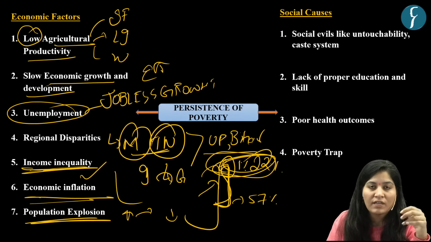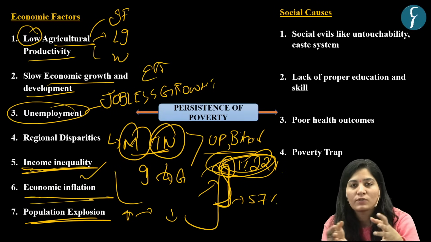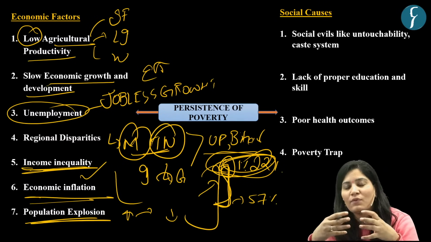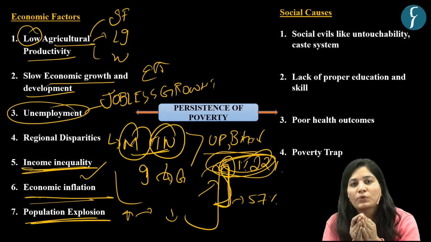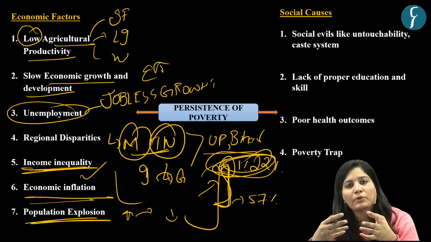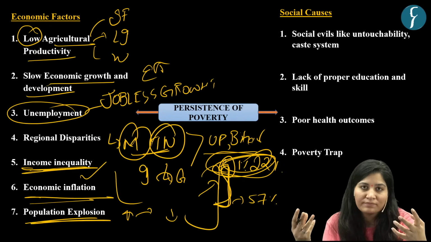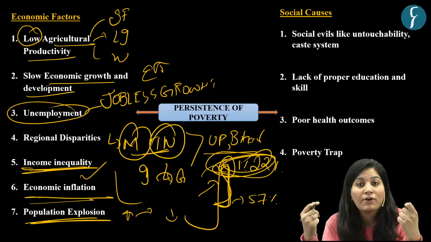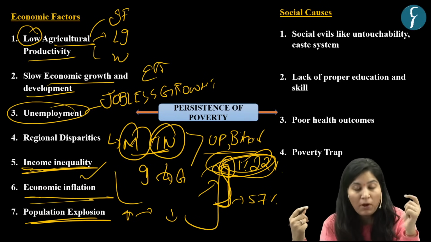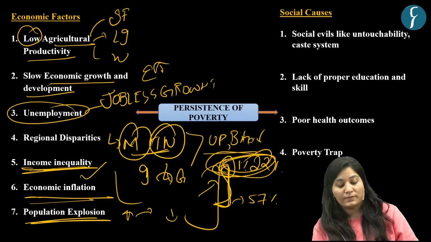Got it? So this pressure on resources will lead to misallocation, and definitely it may aggravate the problems associated with poverty, because availability of resources is quite limited and population is rising. So population explosion is another factor.